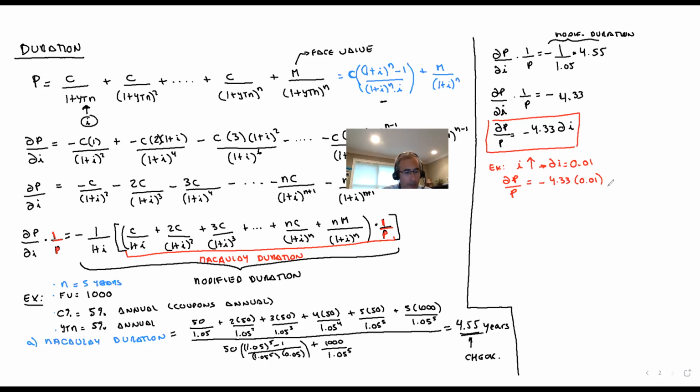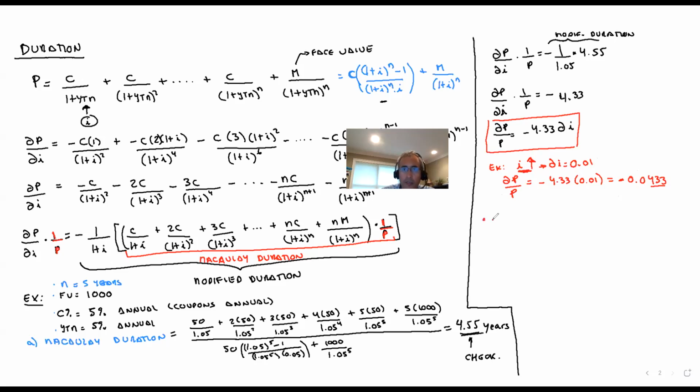Do you agree? Make sense? So what is 4.33 times 0.01? Of course, this is going to decrease by 0.0433. So you see that if the interest rate increases by a small number, my price is going to go down by this number here. Make sense to you guys?